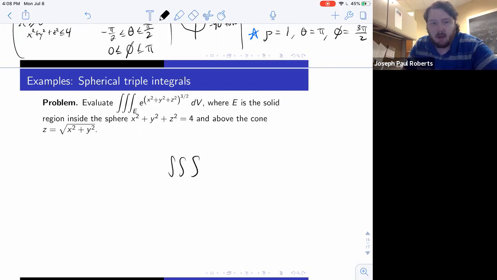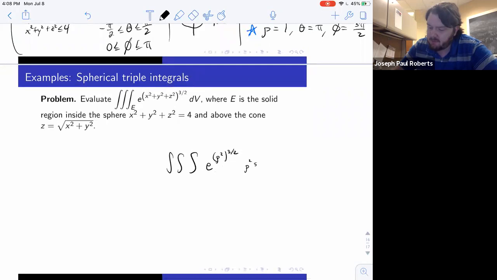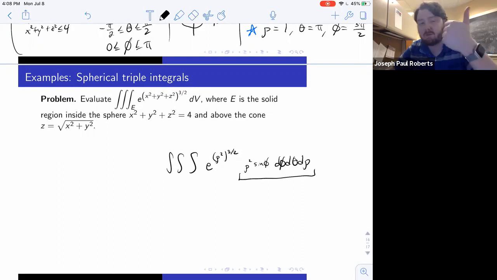I have to change x, y, and z into what they are in spherical, but I recognize that x squared plus y squared plus z squared is rho squared. So e to the rho squared to the 3 halves, and then dV is rho squared sine phi, d phi, d theta, d rho. So that dV, you have to memorize: rho squared sine phi. Recognize what x, y, and z are in terms of spherical. That's fine. The hard part here is the bounds.